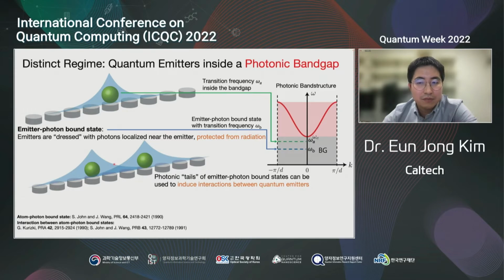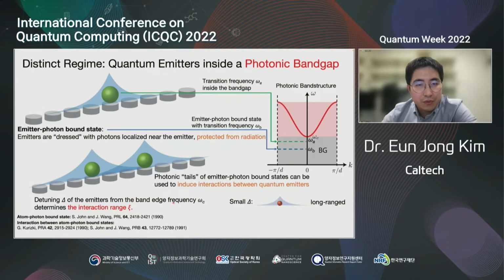of bound states can be used to induce interactions between emitters. And specifically in this case, the detuning delta of emitters from the band edge frequency determines the interaction range. For example, for small detuning from the band edge, the strong near-resonant hybridization of emitters with the photonic band leads to the delocalization of the photonic envelope of the bound state, resulting in long-range photon-mediated interactions.